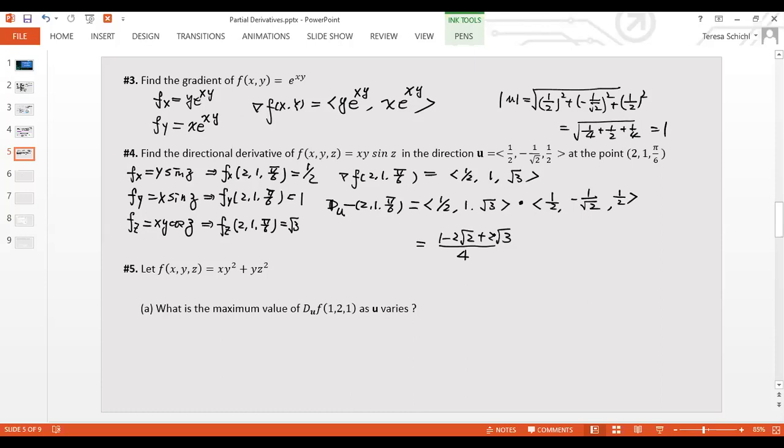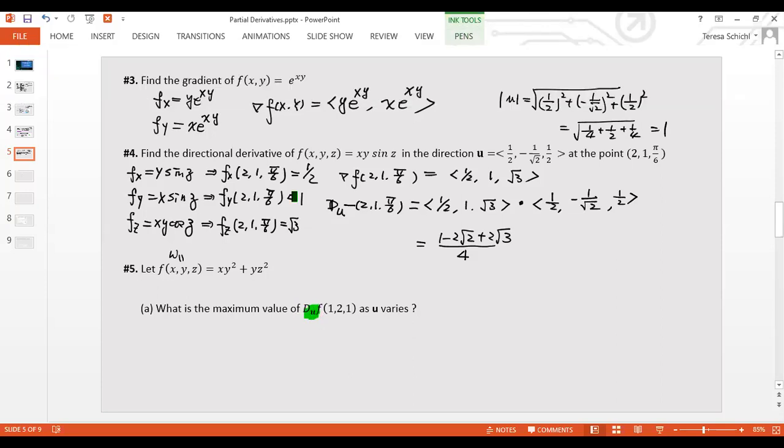Okay, so let's take a look at number 5. Let's say now you have three variables, f of x, y, z. In fact, we're in R4, because if you let w equal to xy squared plus yz squared here. So let's say, what is the maximum value of this one if I take the directional derivative of this function at the u's here, right?